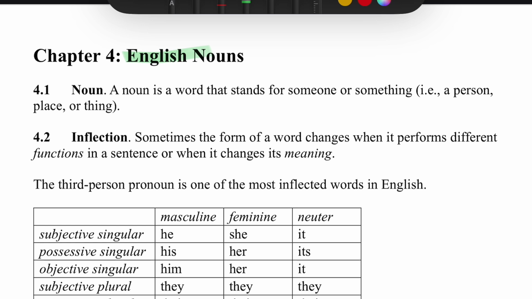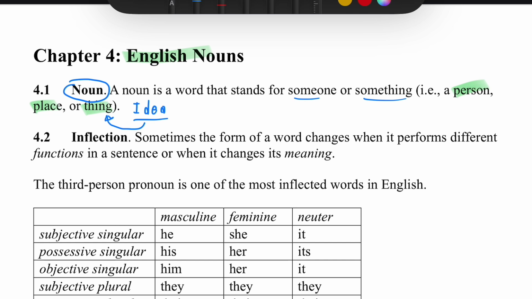So the first thing we're going to talk about in Chapter 4 is what is a noun. A noun is a word that stands for someone or something, or as you've heard, a noun is a person, place, or thing. Some would add into this that it's also an idea, but really if you think about it, an idea is technically a thing. So person, place, or thing is a good description.